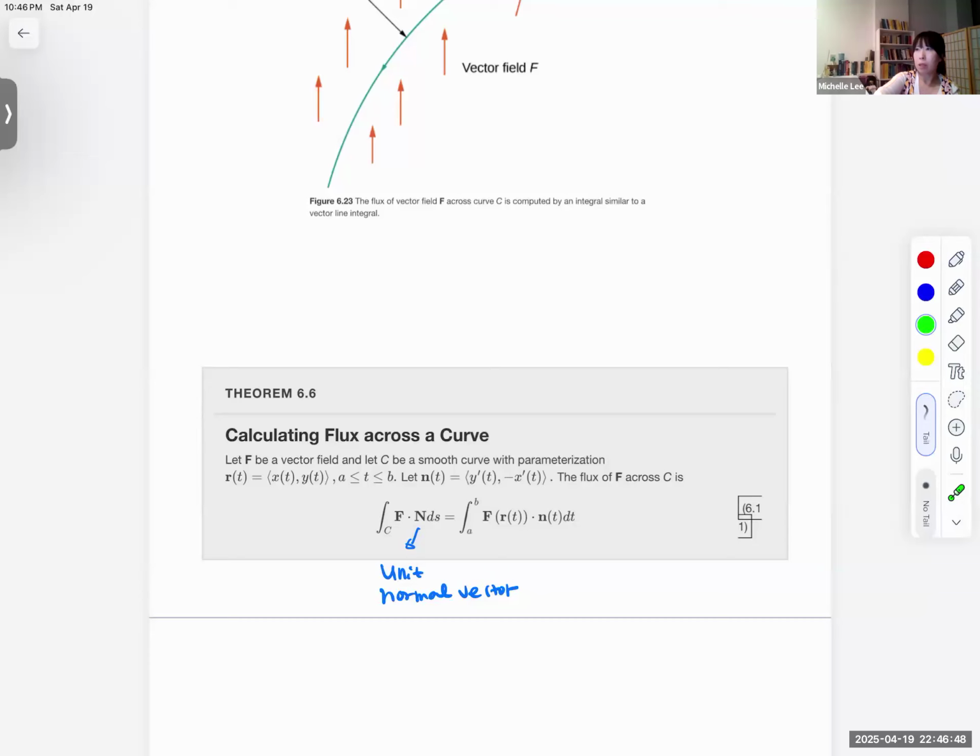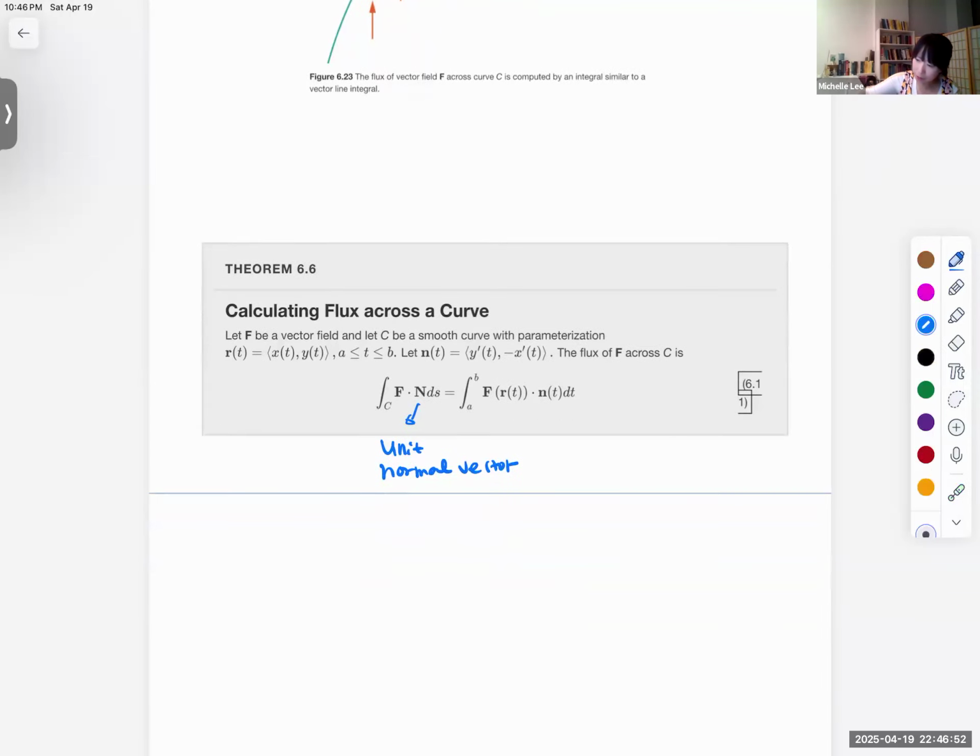Why? Because let's start with this: curve C, the vector field and the unit normal vector, ds.